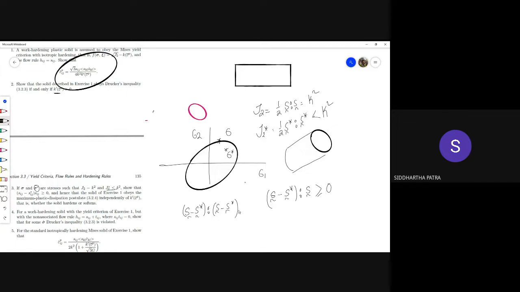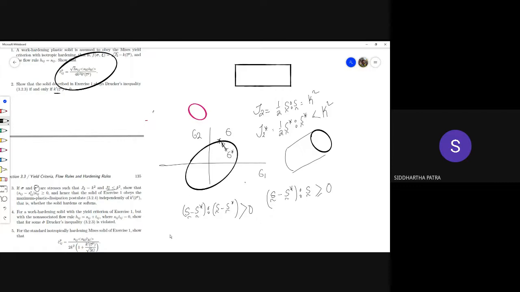And to be frank, in whatever coordinates you take, or whether you represent the stresses as vectors like in principal plane, or as matrices, this inner product is always greater than 0, because S and S star are not the same quantity. This is a non-zero vector whose magnitude squared you are trying to calculate. So this is always greater than 0.